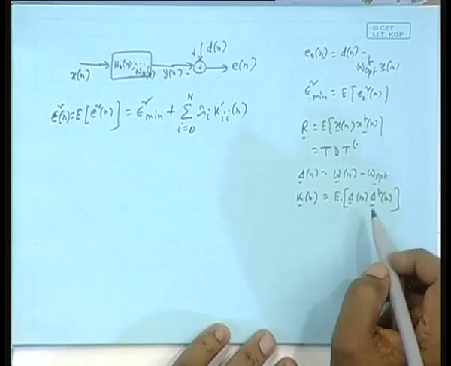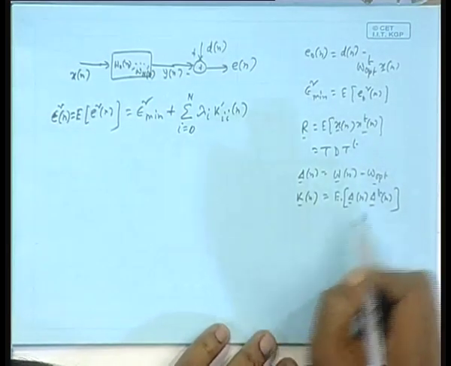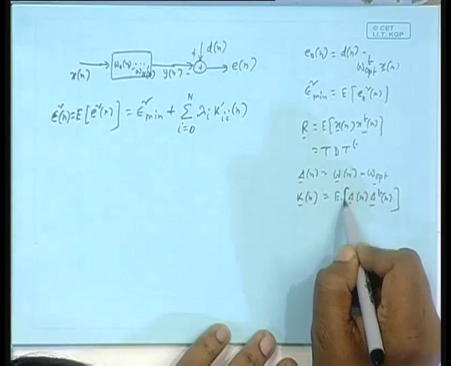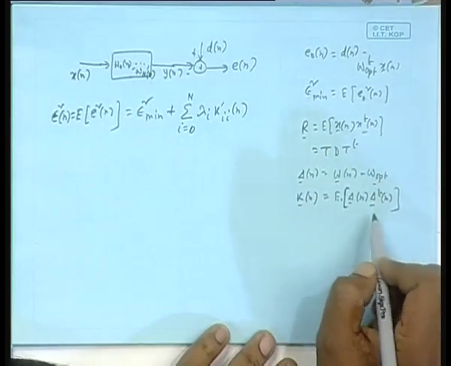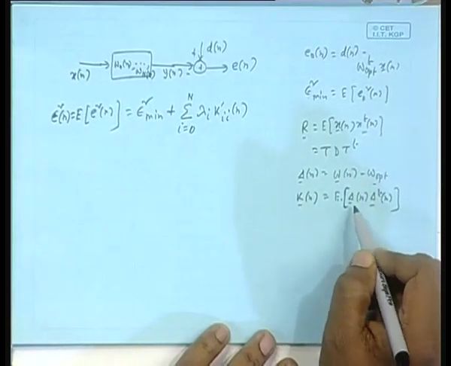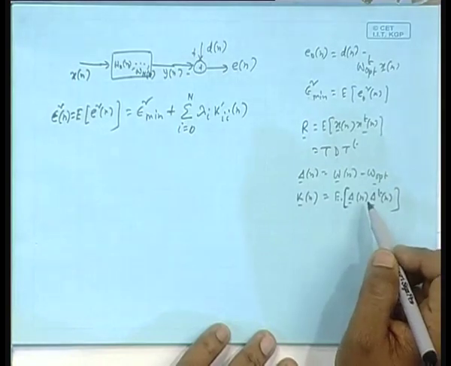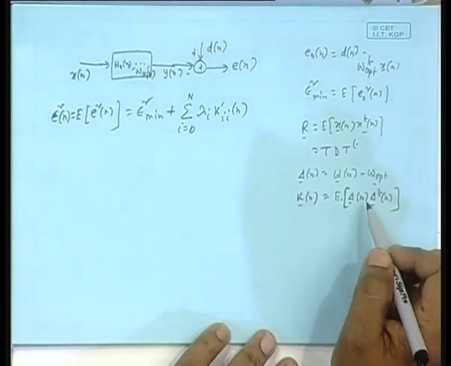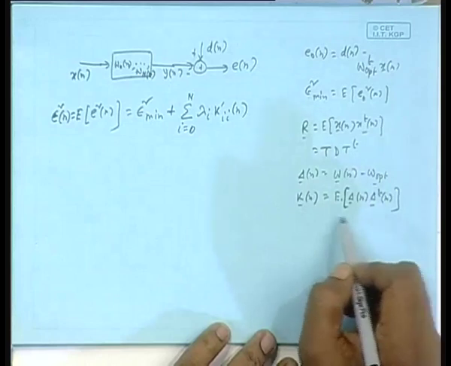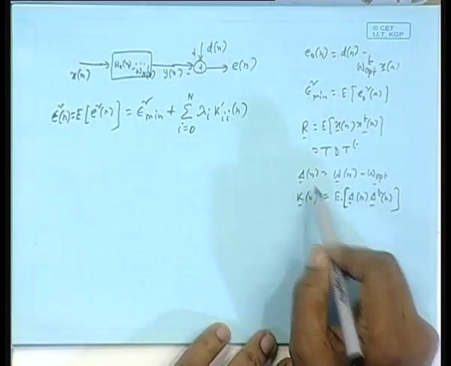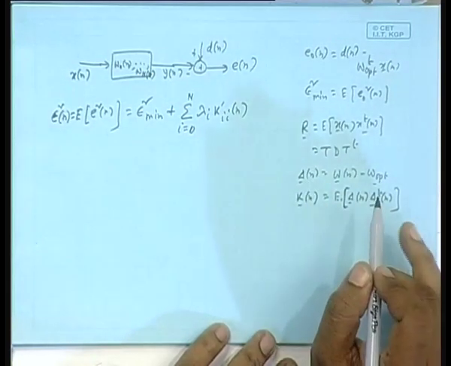Because in the steady state delta n has zero mean, as you have seen, correlation and covariance would be the same. Nevertheless, delta n is the weight error, so it is called the weight error covariance matrix.